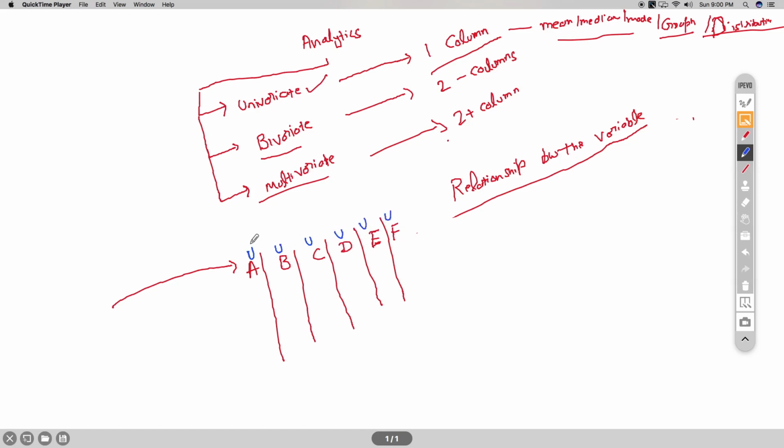Or I can apply bivariate analytics, which means A and B, B and C, C and D, D and E, E and F, F and D, F and C, F and B, F and A. So you can see that we can have multiple things. For example, A and C, A and D, A and E, A and F. Now you can think of multiple bivariate analytics.